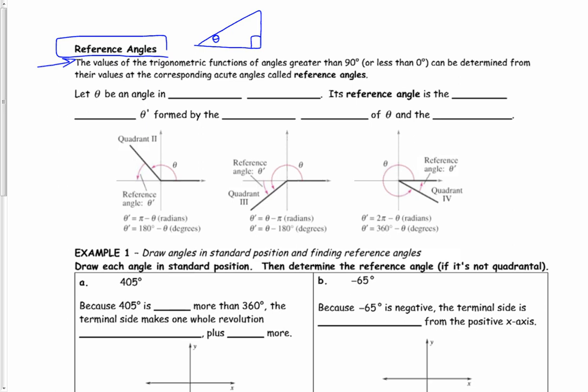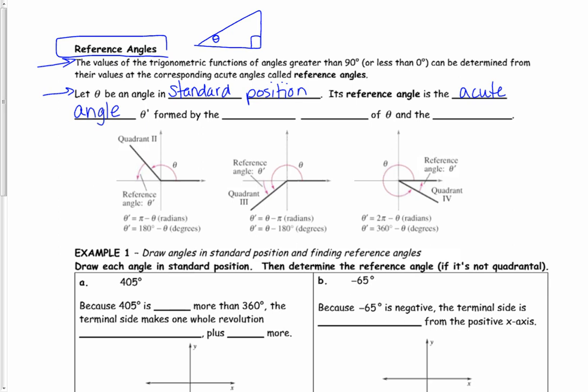All right. So here it says, let theta be an angle in standard position. That's sort of our go-to. We like all of our angles in standard position now. Then its reference angle is the acute angle, because we want it to fit in a triangle.